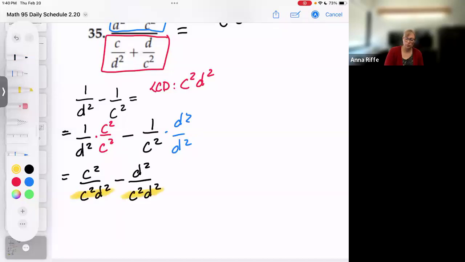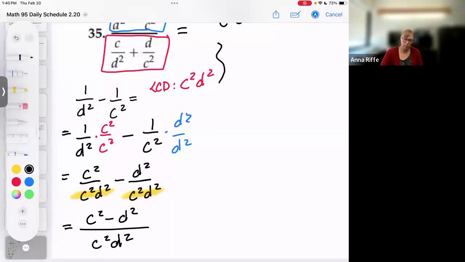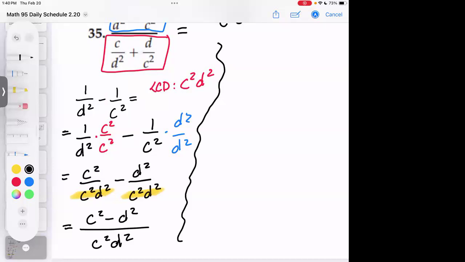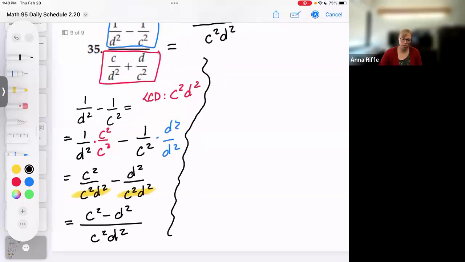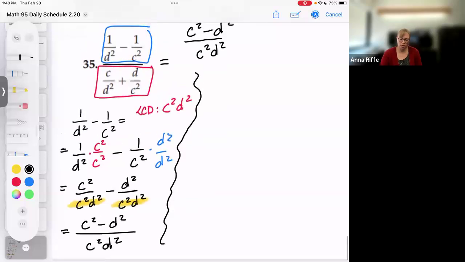And then the bottoms are the same. So I can subtract the tops, write them all over that same denominator, c squared d squared. There are other ways you can organize this, Kaylee, but does that help? Yeah, this way makes more sense to me. Okay, great. Good to know. We'll do the next one that way too.